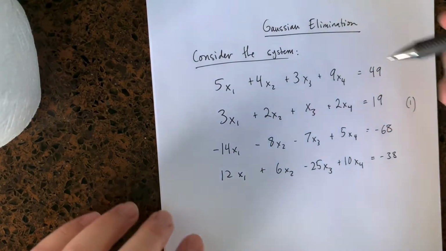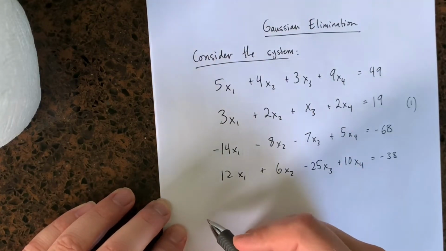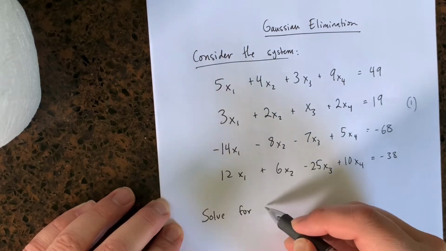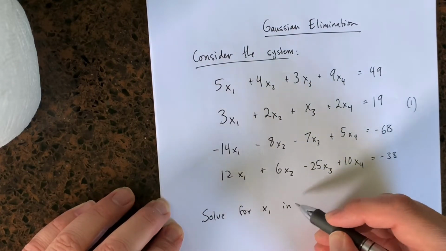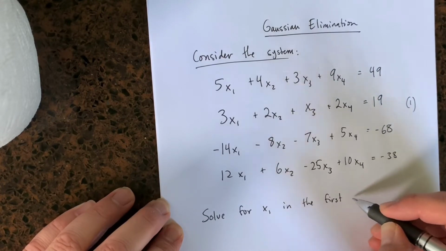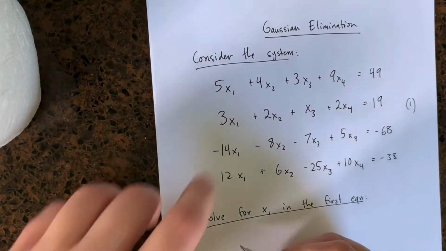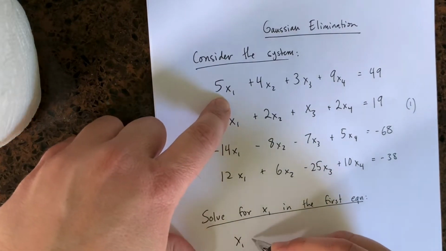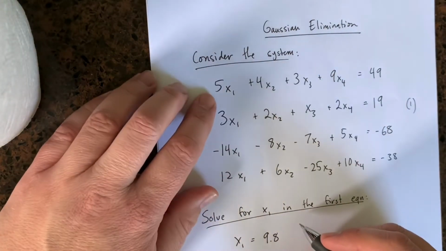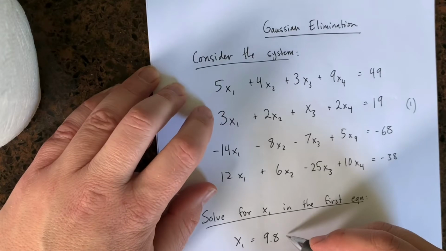First thing we do in Gaussian elimination is solve for x1 in the first equation. So if we do that, x1, bring everything over to the right-hand side and divide by 5.